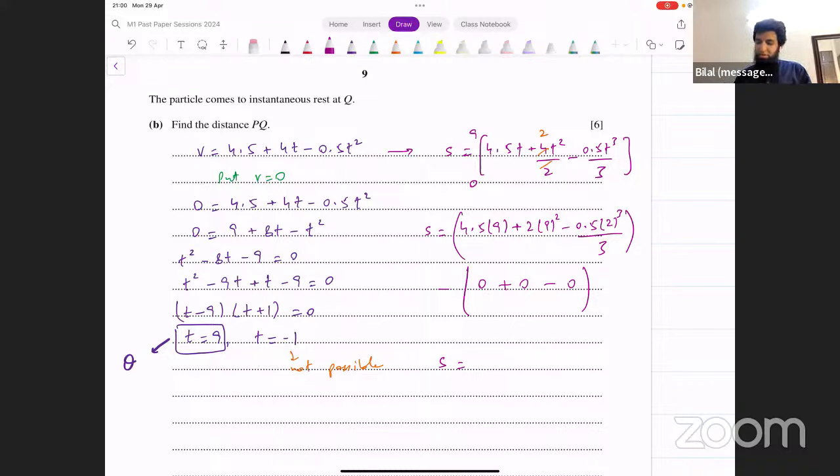4.5 into 9 plus 2 into 81 minus 0.5 into 8 divided by 3. And that's giving me 201. Can somebody check this calculation as well? Am I putting everything correct here? 4.5 into 9.